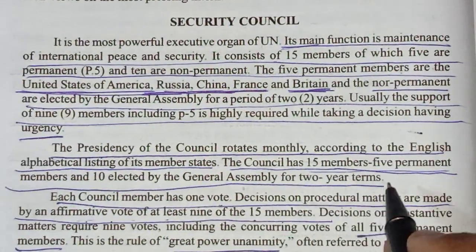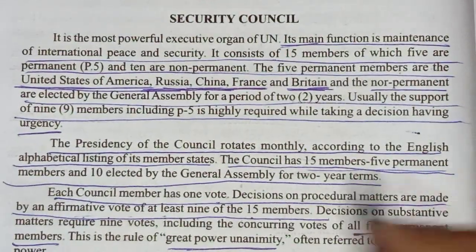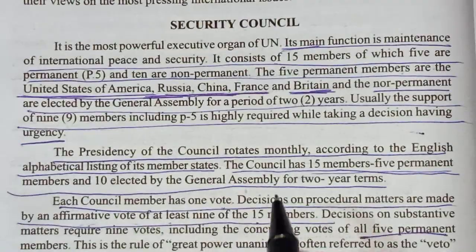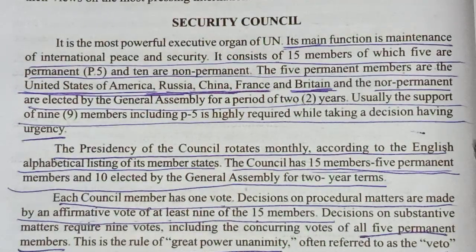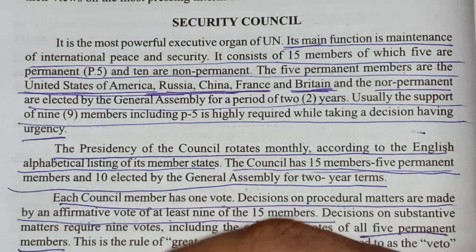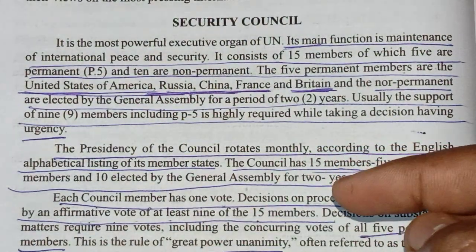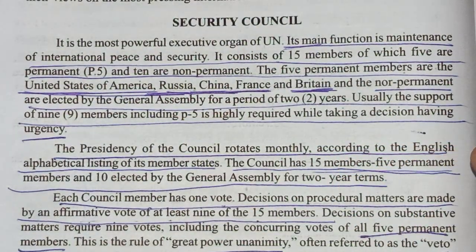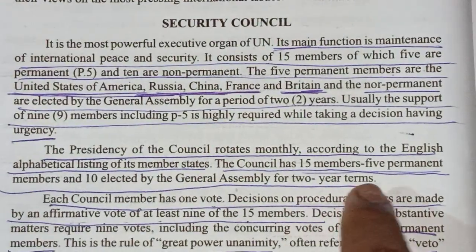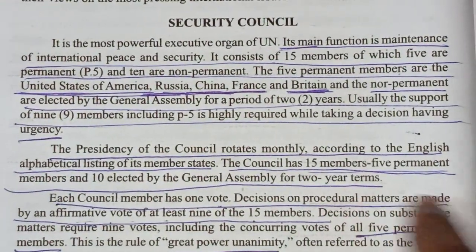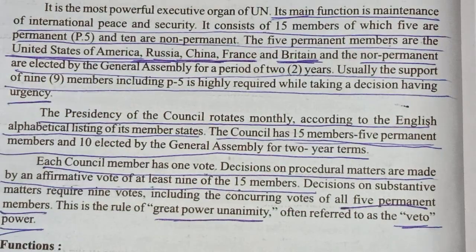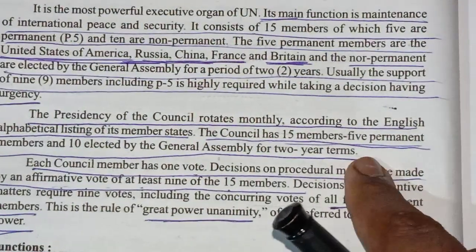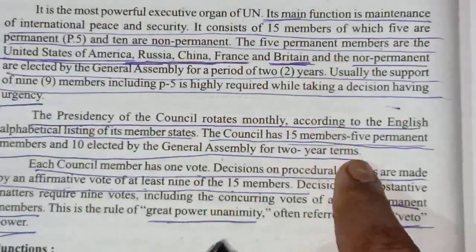The council has 15 members: 5 permanent members, and 10 members elected by the General Assembly for 2-year terms. The 5 permanent members are permanent, and the elected or non-permanent members are there for a 2-year term. The non-permanent members have a tenure of 2 years.